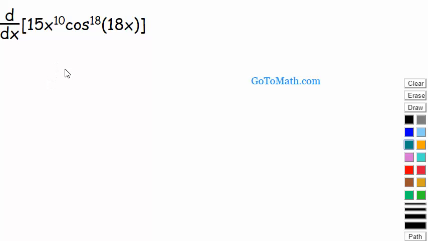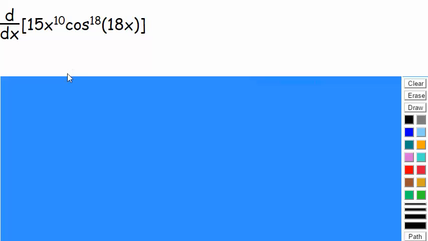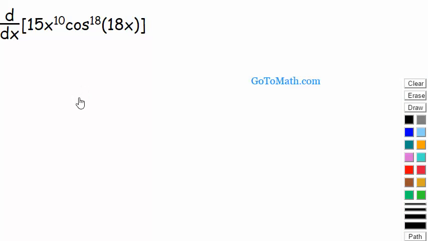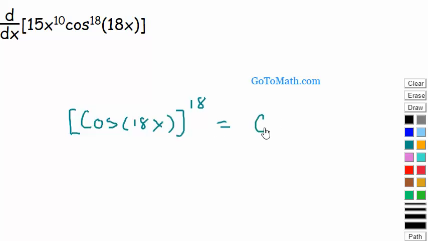In a previous problem, this up here can actually be written as the cosine of 18x, and I have brackets around this. You can put parentheses, it doesn't matter. Raised to the 18th.